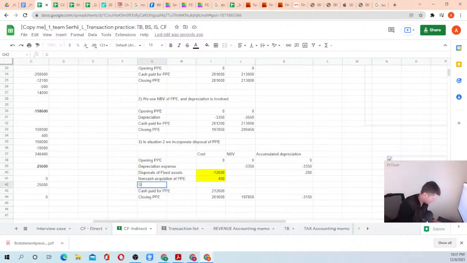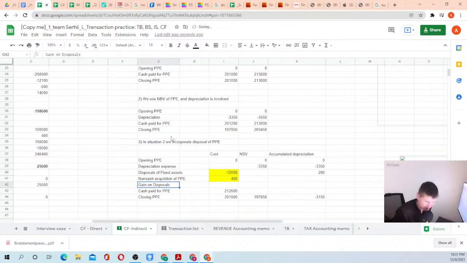Now let's use gain. Okay. So for non-cash acquisition of PP&E, we still have an impact from that on NBV.